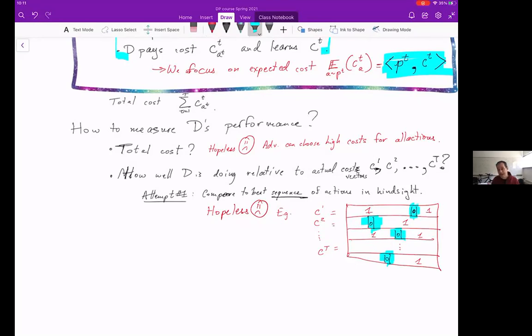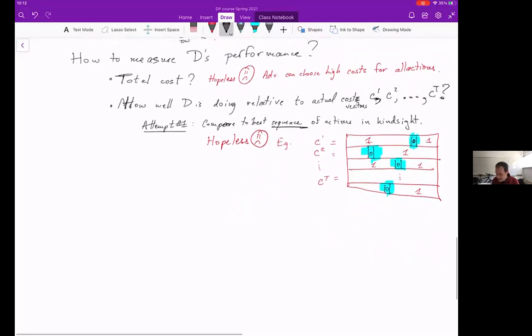But if that action was chosen randomly on each day, then there's no way the decision maker could consistently hit that action. Most days, k minus 1 out of k days, it would get cost 1. It would end up with very high cost, even though in retrospect there was a sequence of actions with cost 0. So unfortunately, this benchmark is too hard to hit, and there's no algorithm that can possibly achieve it.